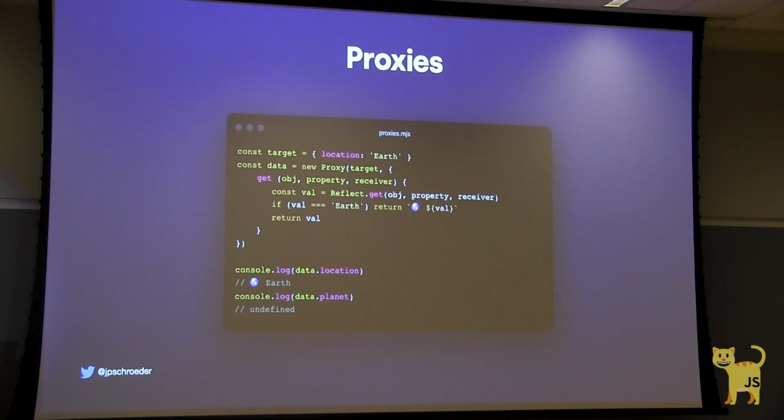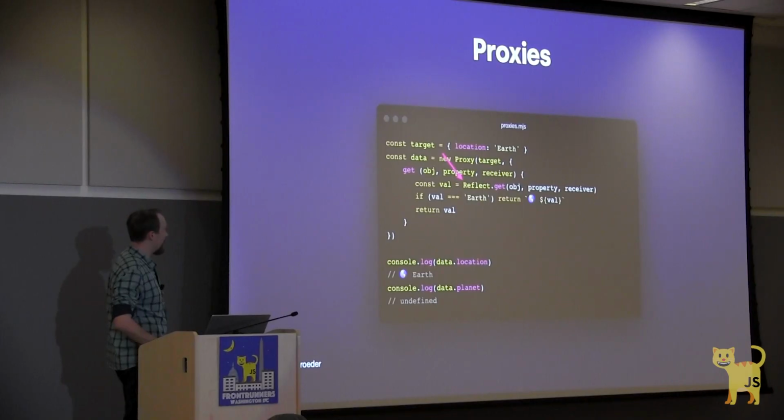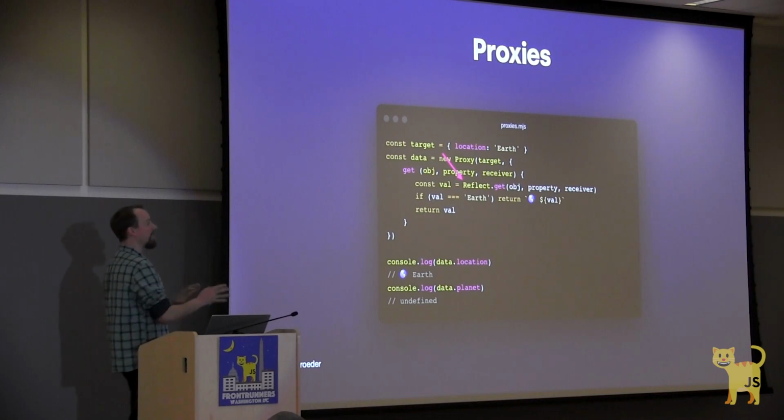Here I've got a slightly more complicated example, but it's still relatively simple. I still have my target, location Earth, but now I've added just one thing here: a getter. And there's this special built-in JavaScript object called Reflect, and you can say Reflect.get, Reflect.set. That just does whatever was going to happen.